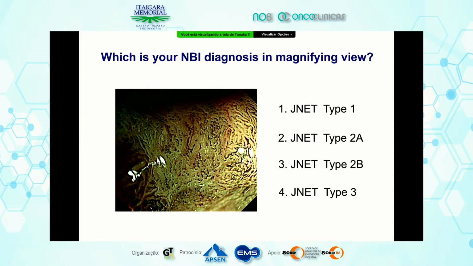Show me the result. Oh, great, great. This is typical JNET type 3: disrupted vessels and scattering vessels and amorphous surface pattern.